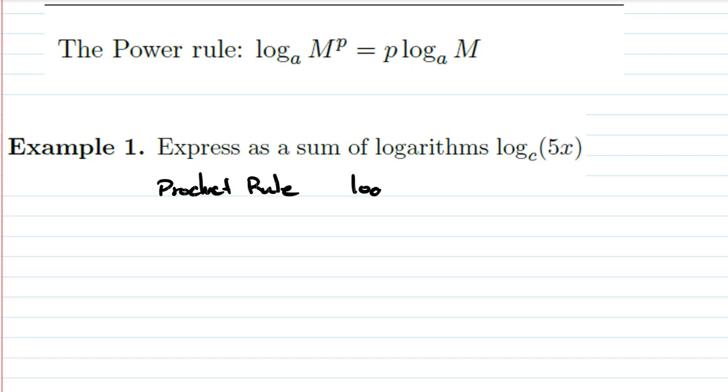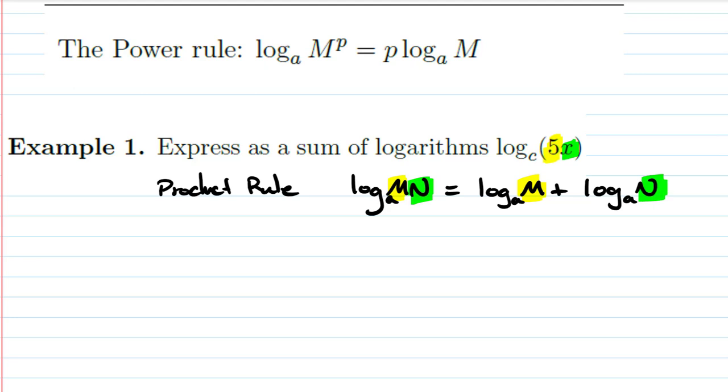So we have that the logarithm of m times n is equal to log m plus log n, where our base doesn't change. So in our example, our m is going to be 5, and our n is going to be x, and our base in this one is going to be c.